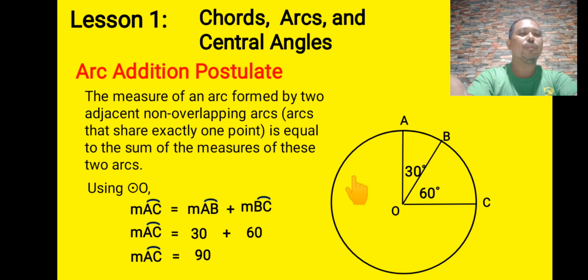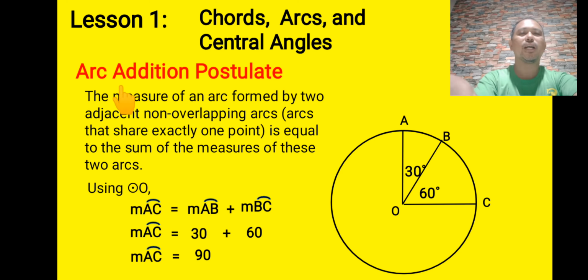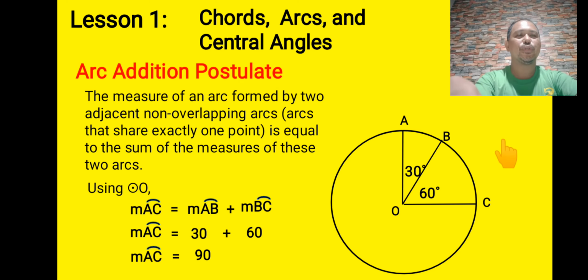Therefore, the measure of arc EB plus the measure of arc BC is equal to the measure of arc EC, which is equal to 90. That is equal to the sum of the measures of these two arcs. That is the arc addition postulate.